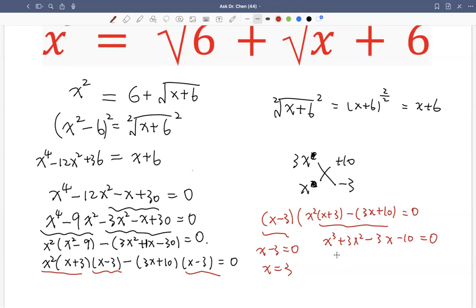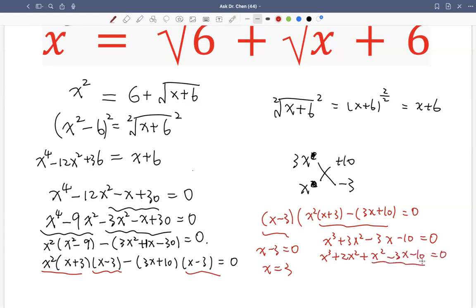So can we factor this? If we regroup this, yes, this can be factored, because if we break 3x squared into 2x squared and 1x squared, we can write x cubed plus 2x squared plus x squared minus 3x minus 10 equals 0.